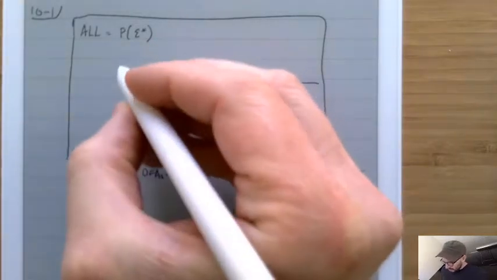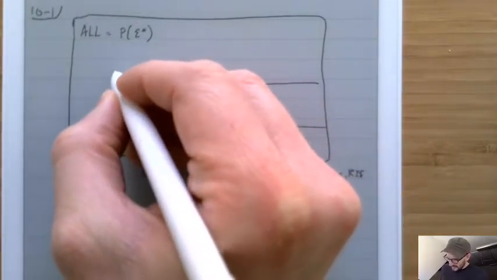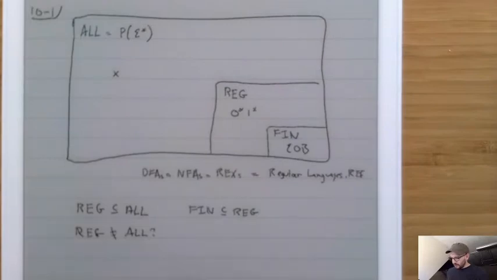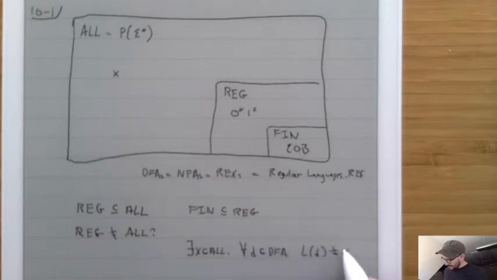Well, let's just call this thing out here X. So what I'm claiming is that there exists an X that is inside of all, but for all D inside of the DFAs, the language of D is not equal to X. By telling you that X exists, that's what I'm claiming.